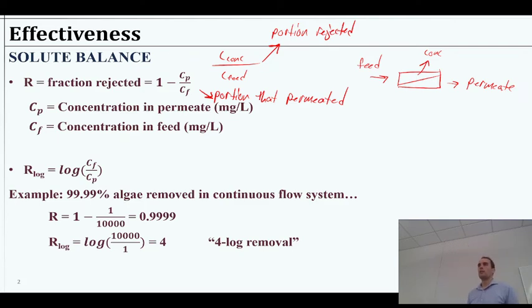There's another way to describe it if we need to deal with very high percentages, something like 99.99% of the particles rejected, which is pretty often the case. Let's say we're removing viruses with some sort of ultrafiltration membrane, and we want to take a viral load from millions of viruses per liter and drop that down to at most, let's say, 1,000 viruses per liter.